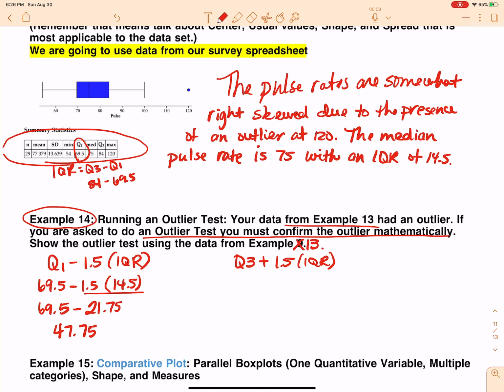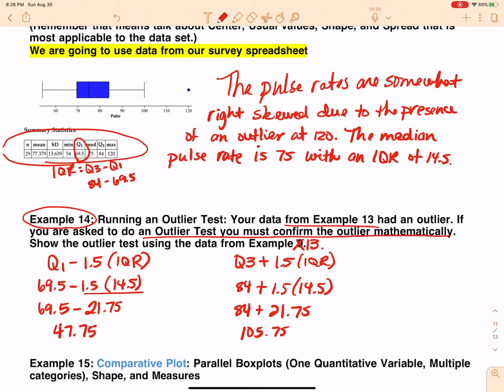Okay, so that's my lower boundary. Q3 now is 84. Sorry, kids. Okay, so now 84 plus 21.75 gives me 105.75. And don't be too impressed, I didn't do all that in my head. I used a calculator.